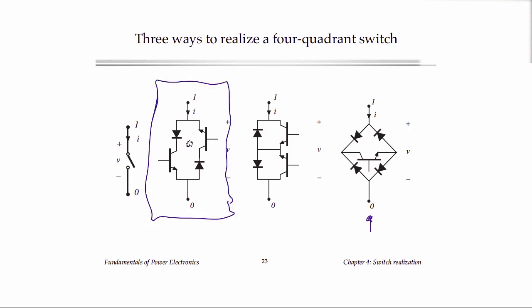And the real reason for that has to do with how we coordinate the switching, turning off one 4-quadrant switch and turning on the next one. It's easier to coordinate that switching with this network than with the other two, but that's beyond the scope of what we're going to talk about.